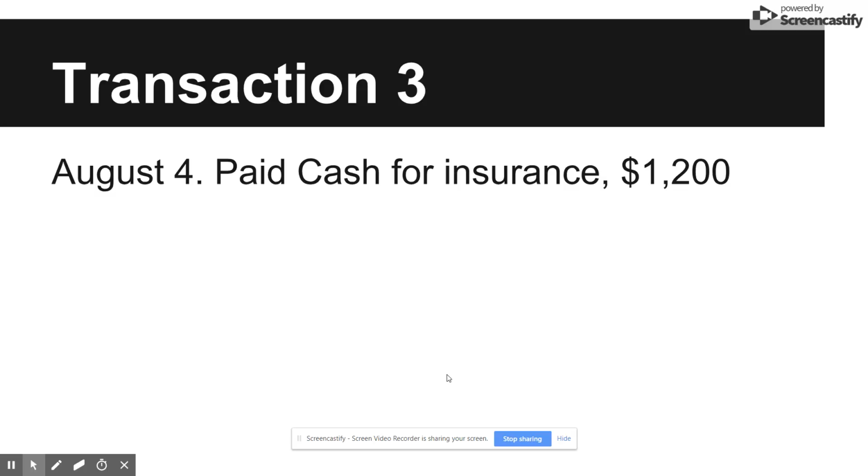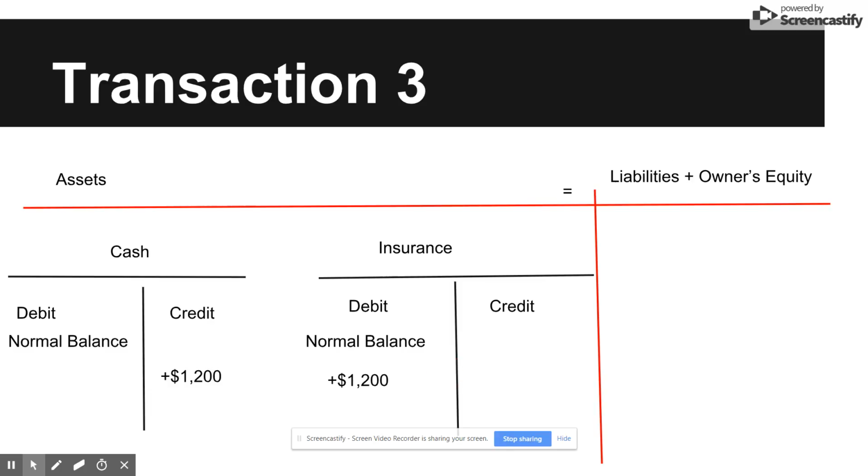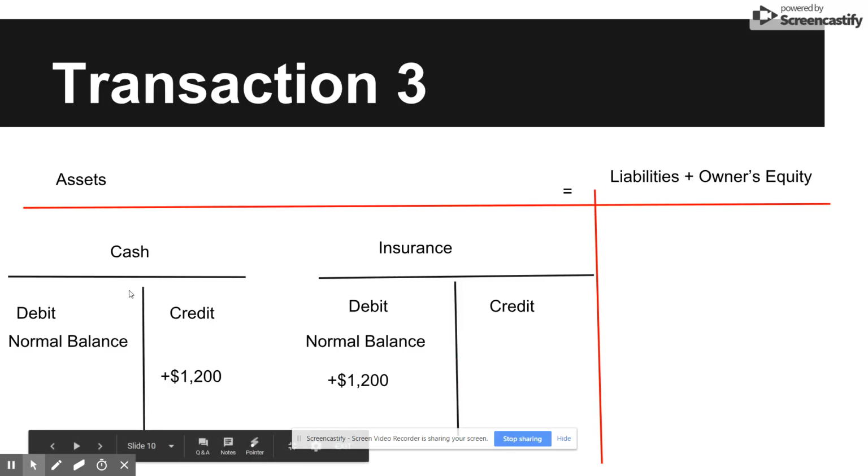On August 4th, we paid cash for insurance, $1,200. So the 2 accounts here that we would need to use are cash and prepaid insurance. So if we're paying cash, our cash is going to decrease, and our prepaid insurance account is going to increase. So that would look something like this. So our cash, because it is decreasing, oops, that should be a little minus sign right there. You actually don't need plus and minuses on this.